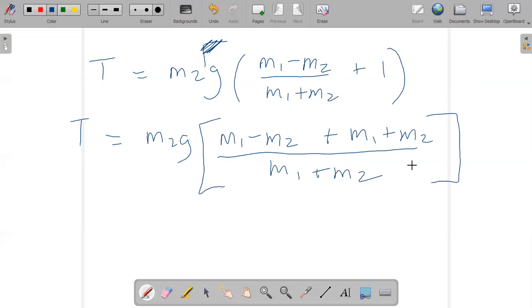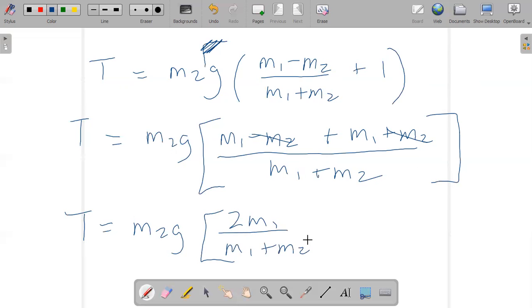Got a common denominator. Now I'm going to take these terms out, this one and that one. So T equals M2G times 2M1 over M1 plus M2.